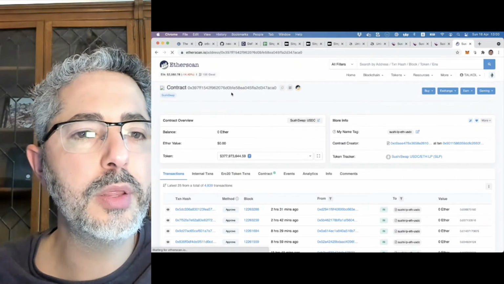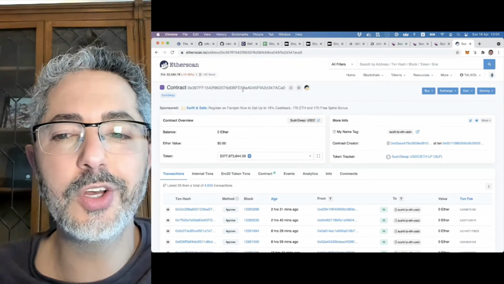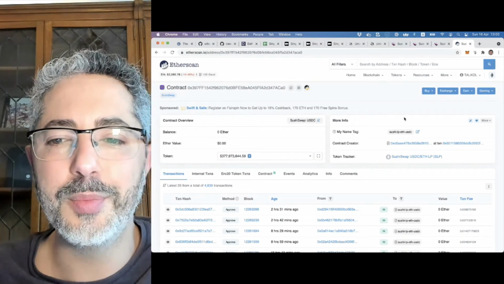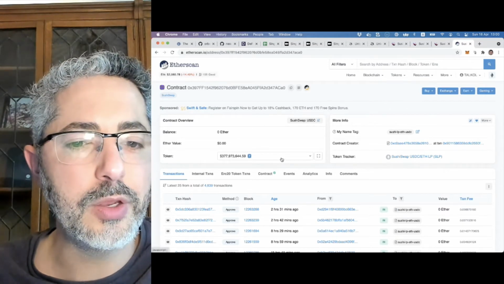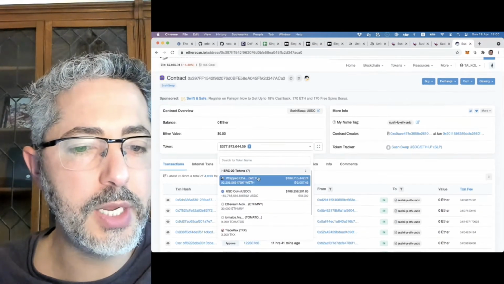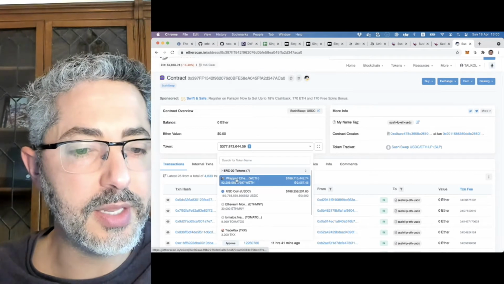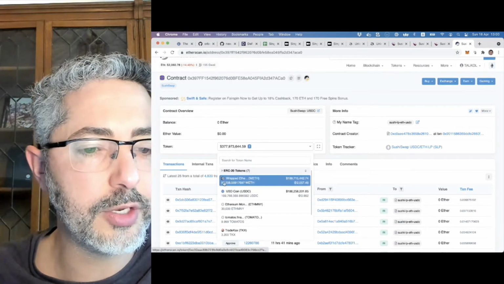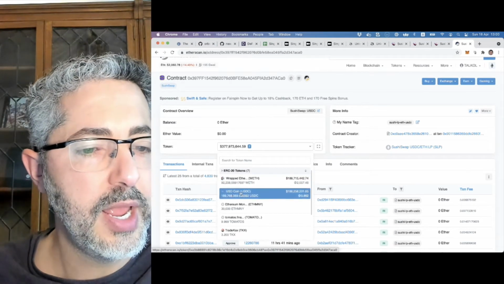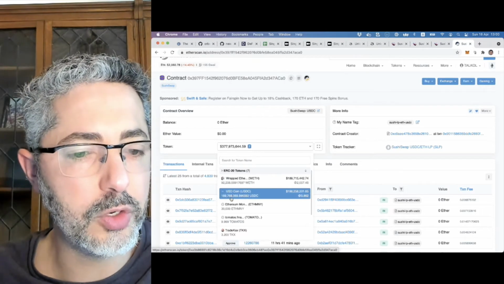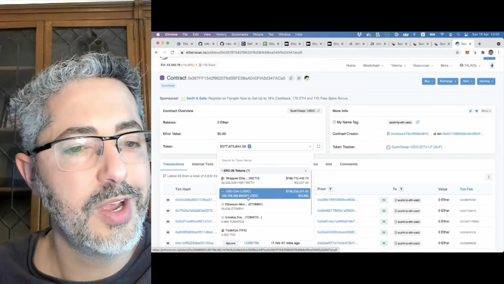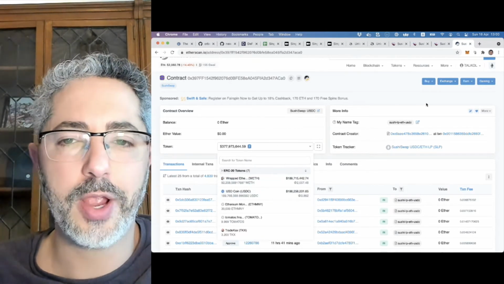In Etherscan, this contract is the contract that is holding the Ether and the USDC. And if you open up the contract, you can see this exact amount of Ether, 92,000 Ether, and $189 million. So this is the liquidity in the contract.